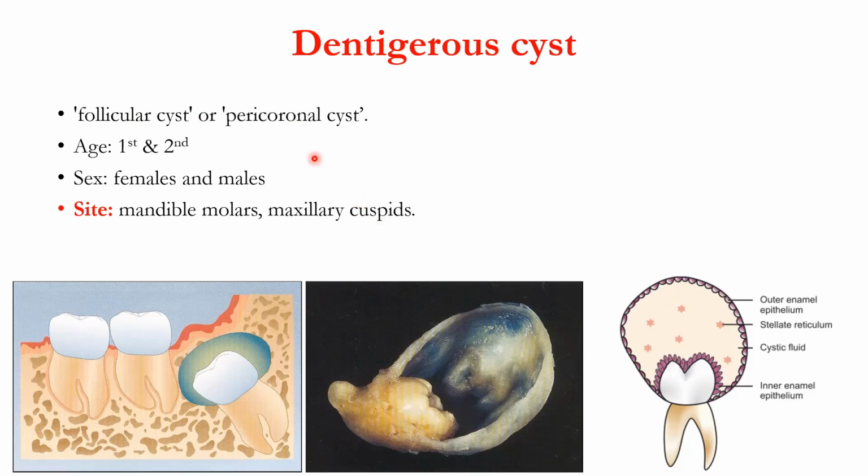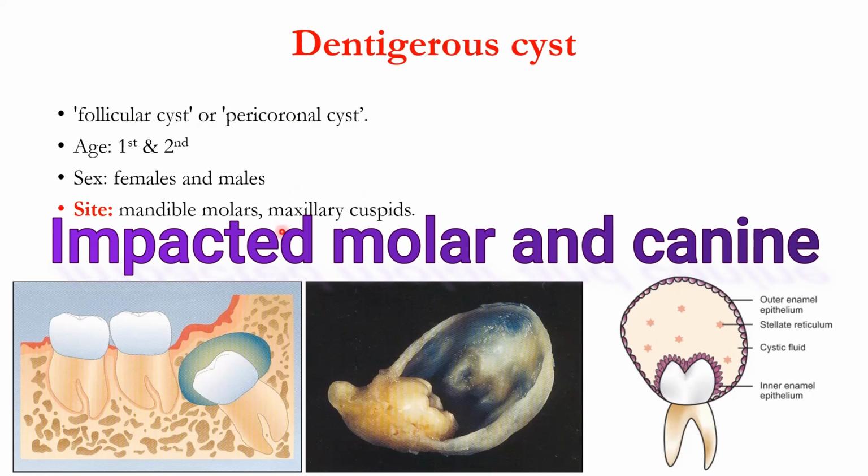It is normally seen in the first 2 decades of life, that is in younger people, and both genders are equally affected. Because I said in the beginning, the cyst is associated with the impacted tooth, it is logical that the most common sites would be the most commonly impacted teeth, that is your mandibular molars and maxillary canines.